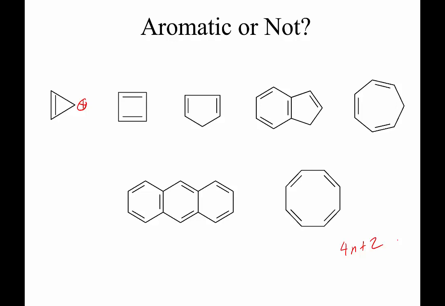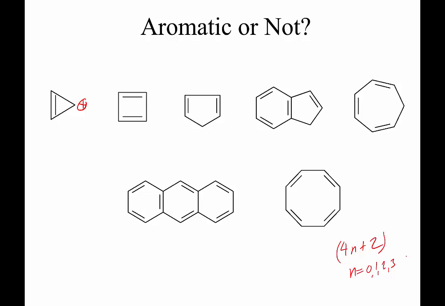It turns out that they are 2, 6, 10, 14, 18, etc. And those numbers make up the mathematical series 4n plus 2, where n is equal to 0, 1, 2, 3, etc. So when the theoretical concepts were developed, they stuck to the formula so that you could generate the numbers at any time. So that's what n is. N is an integer that will generate the series of electrons that will allow a molecule to be aromatic.